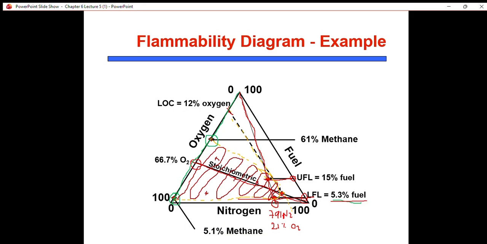At any point in these zones, the fire will start. Any point above or below this zone, or out of this zone, the fire will not start. So I hope the demonstration is clear. We're going to see in the next two slides how they establish it in more detail, but I have already explained how to establish it.